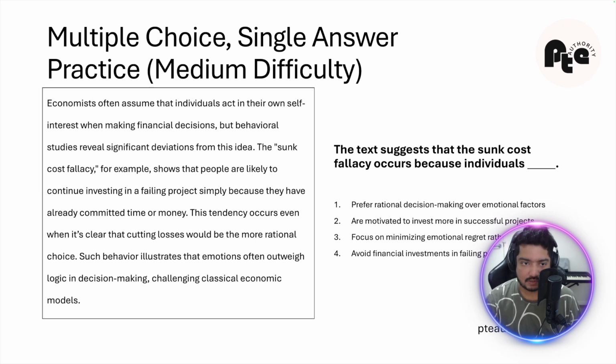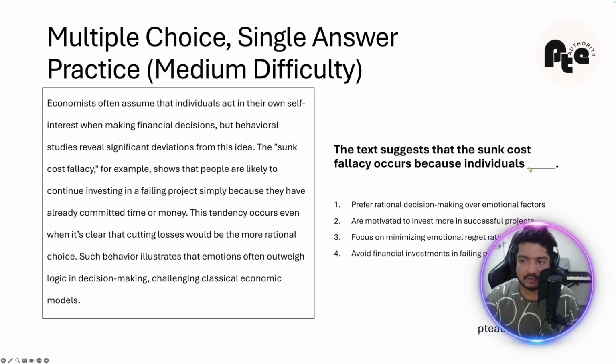I hope you're done with this question. Now let's do it together. Let's read the question first. The text suggests that the sunk cost fallacy occurs because individuals blank.